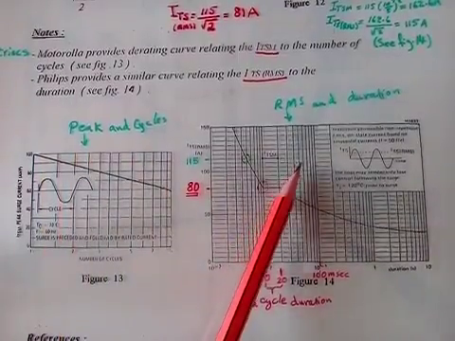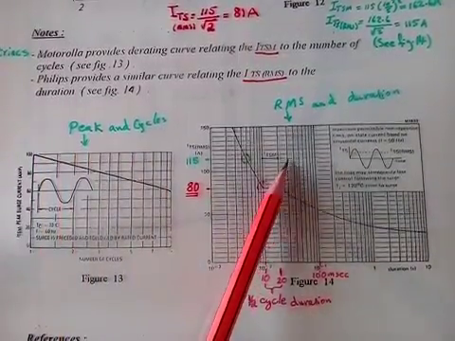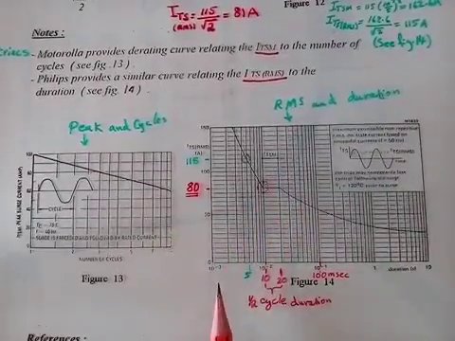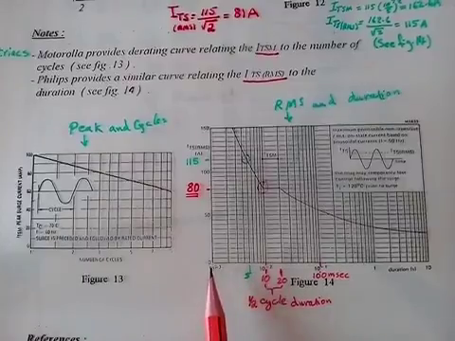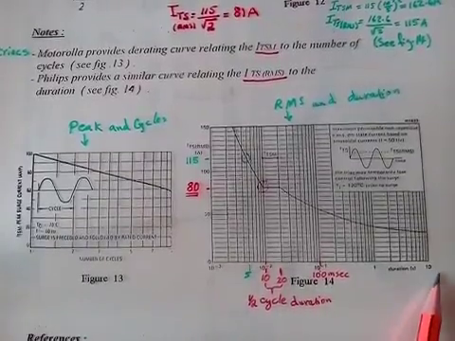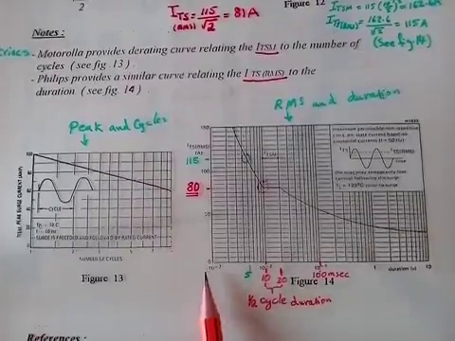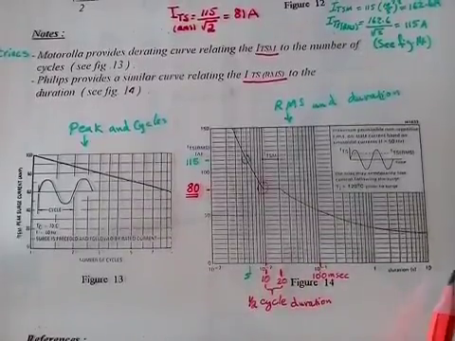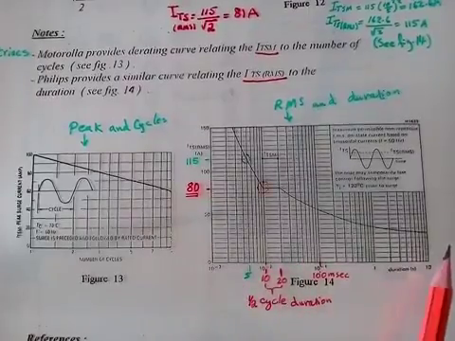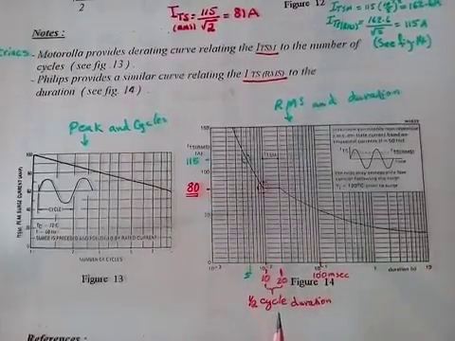I believe this gives more information on what happens between 1 millisecond and even 10 seconds. Imagine that, 1 millisecond to 10 seconds. That's a lot of duration, and you can get a lot of information out of this figure.